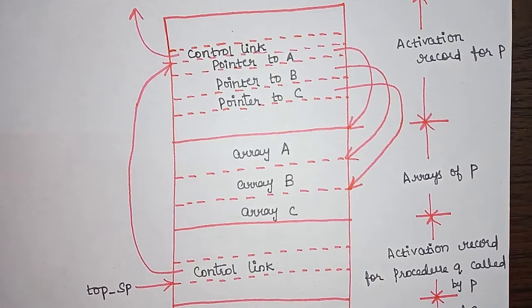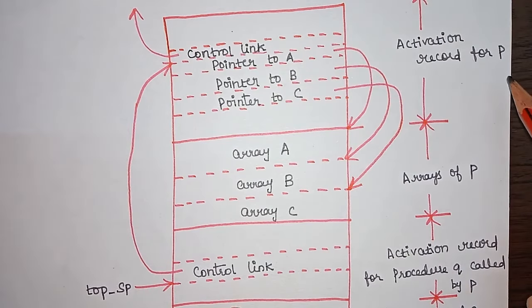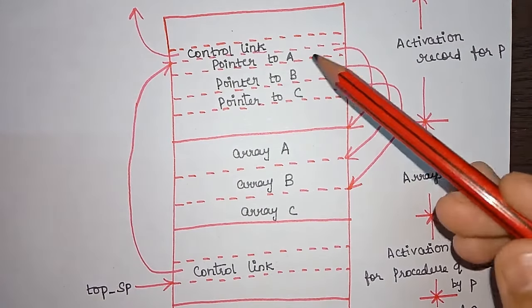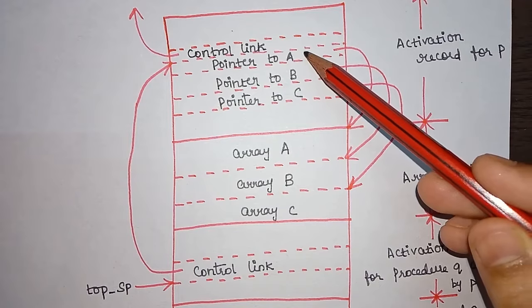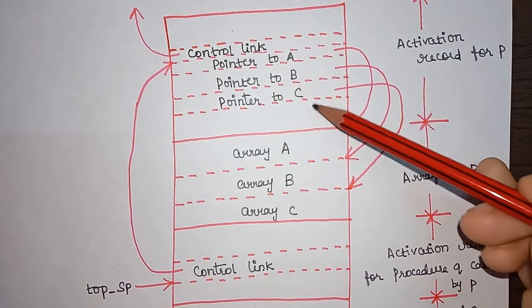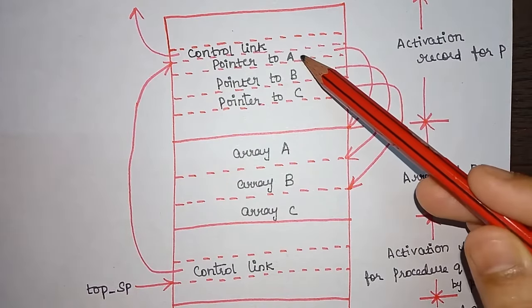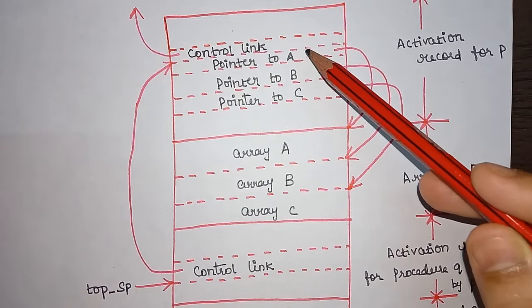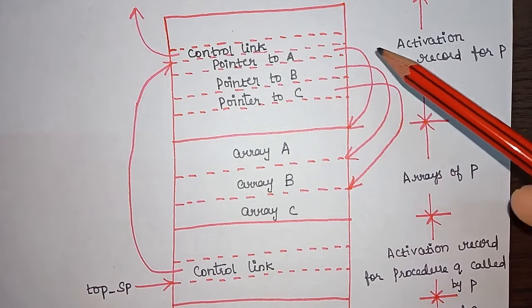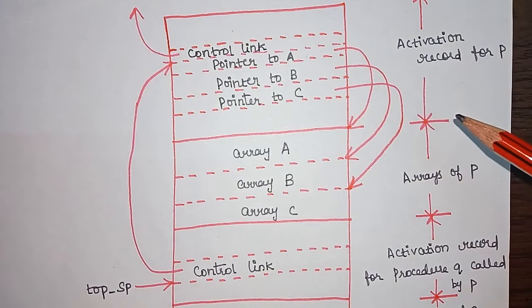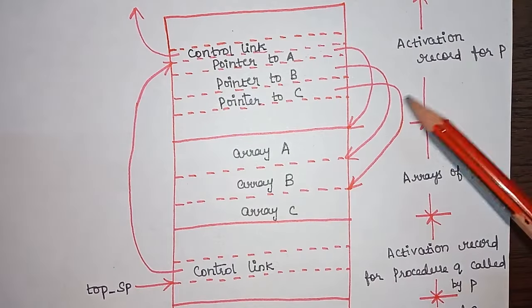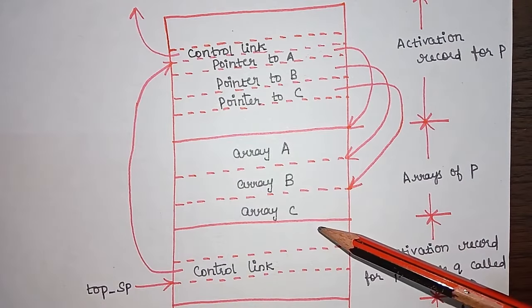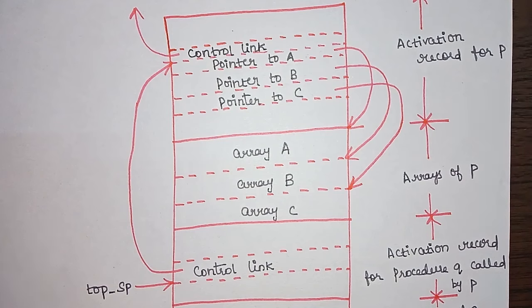So let us consider that we have a procedure P, and this procedure has some arrays, that is, 3 arrays A, B and C. When we have local arrays inside the procedure, these arrays will not get stored into the activation record. The storage for these arrays A, B and C is not a part of the activation record.